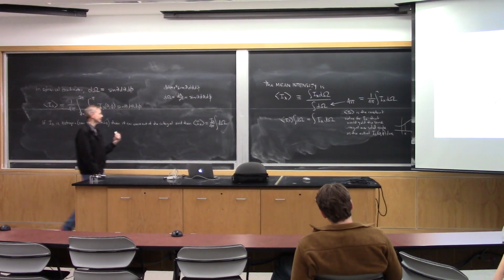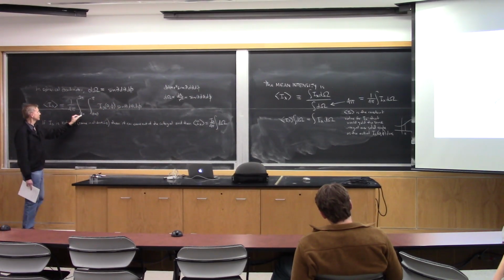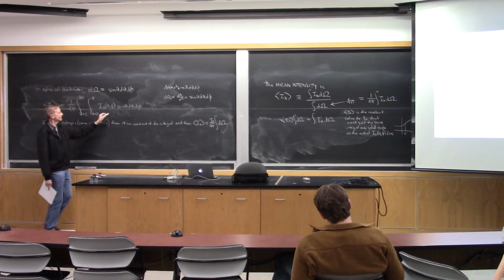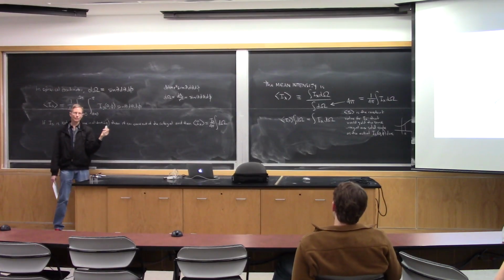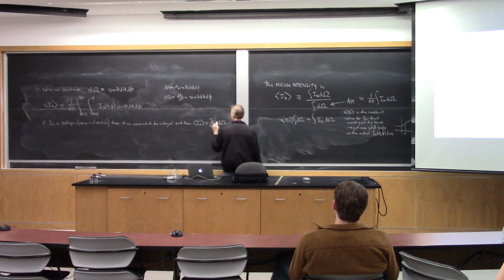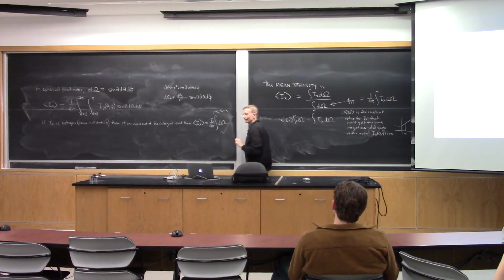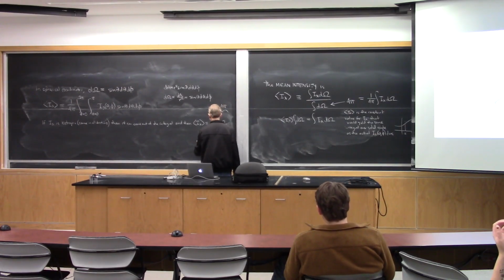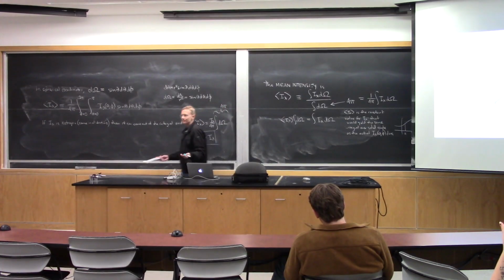So if I wanted, I could say it's the integral from phi equals 0 to 2 pi, integral from theta equals 0 to pi of sine theta d theta d phi, but that's going to give me the integral over solid angle. And what is the integral over all solid angle? 4 pi. So in other words, if the radiation is isotropic, the mean intensity is the intensity.